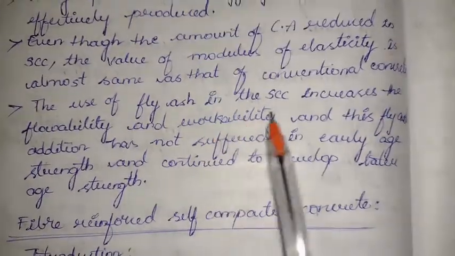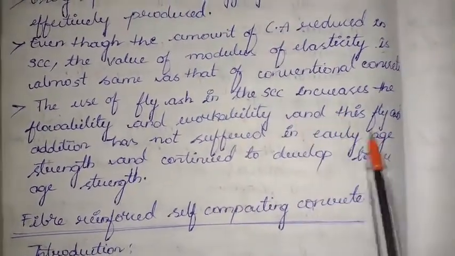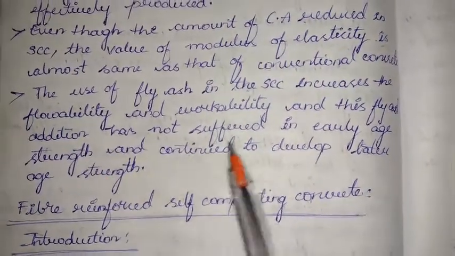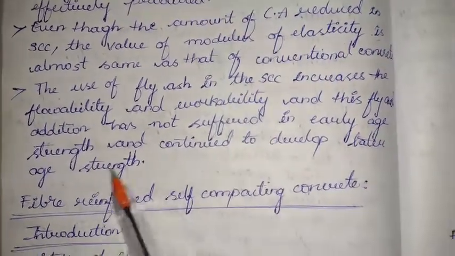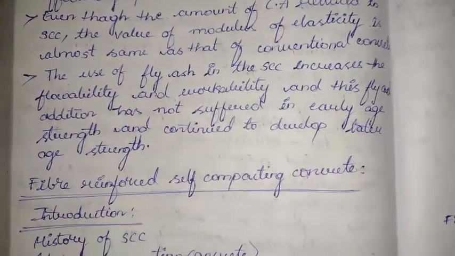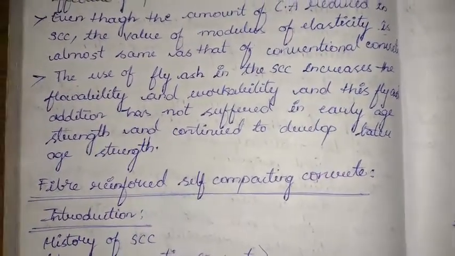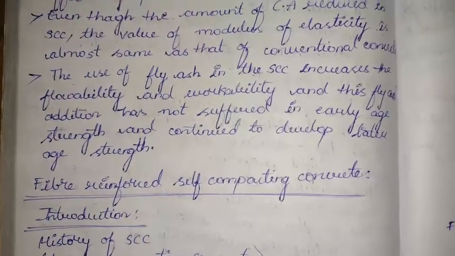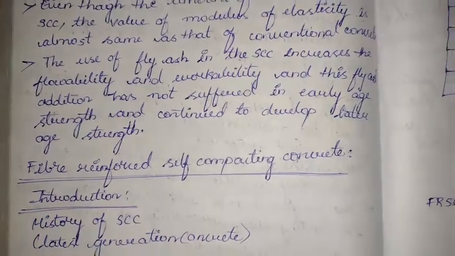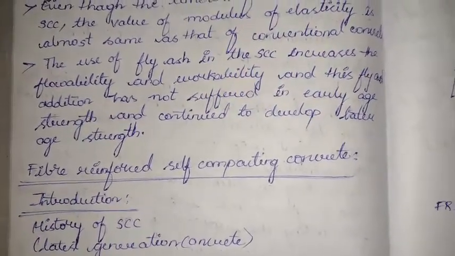The use of fly ash in self-compacting concrete increases the flowability and workability. And this fly ash addition has not suffered in early age strength and continues to develop the later age strength. So initially it is not contributing to the early age strength, but it will be contributing to the development of the later age strength, that is after the hardening of that concrete.